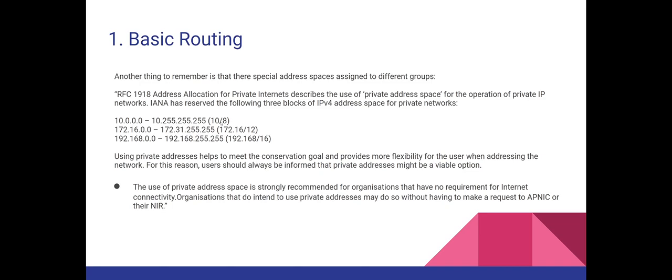This is a subnet. Remember, guys, the slash means the CIDR. It's basically the subnet, so it's 255.0.0.0. Then you have the 172.16.0.0 to 172.31.255.255, with a CIDR of 12.